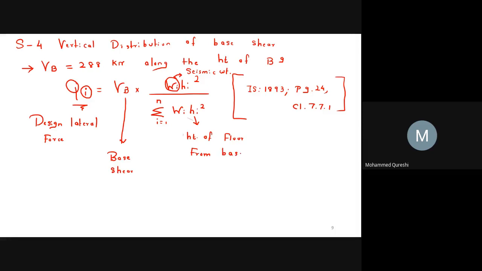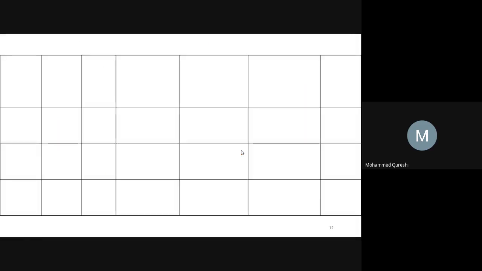Remember this word, from base. Now we will calculate all these values.